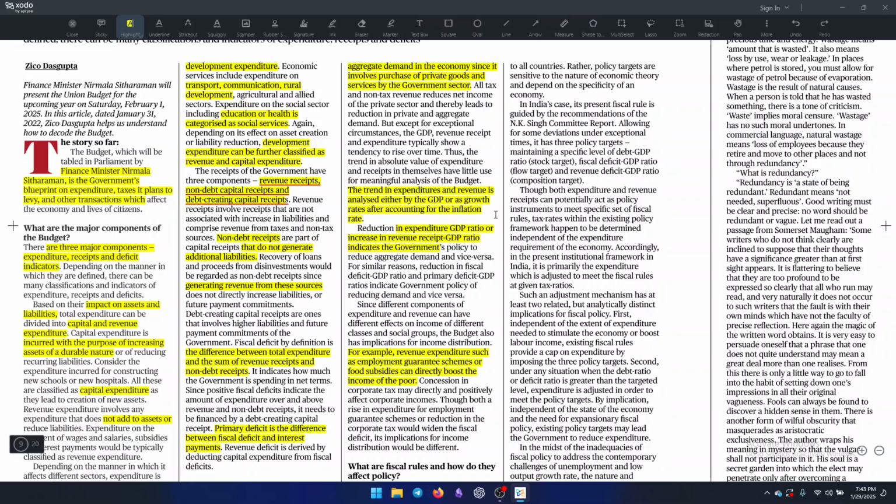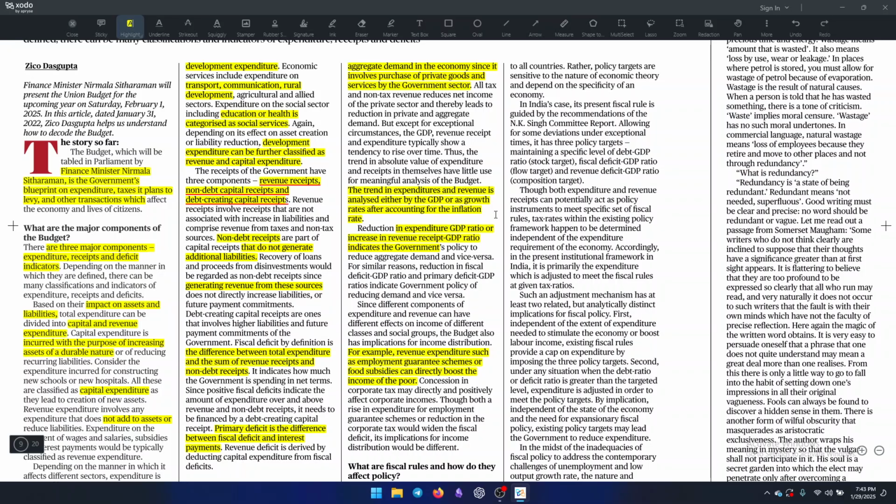Reduction in expenditure to GDP ratio or increase in revenue receipt to GDP ratio indicates government policy to reduce aggregate demand and vice versa. For similar reasons, reduction in fiscal deficit to GDP ratio and primary deficit to GDP ratio indicates government policy of reducing demand and vice versa.